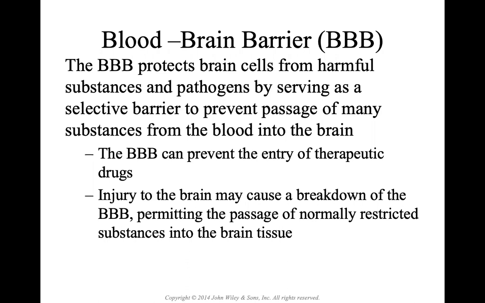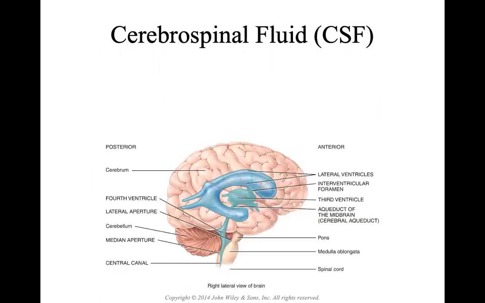But the blood-brain barrier can also prevent the entry of therapeutic drugs. Injury to the brain can also cause the breakdown of that blood-brain barrier that permits the passage of what is typically normally restricted, and now it allows those substances into the brain. It creates a leaky brain, which becomes problematic.